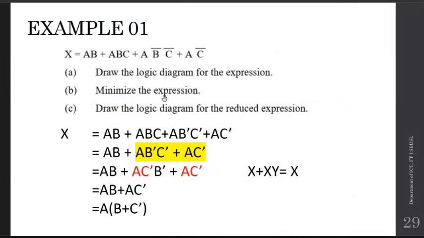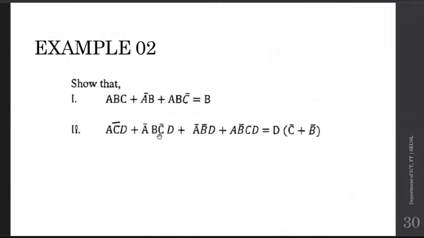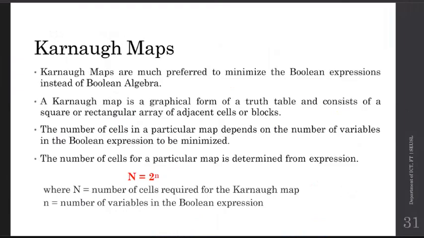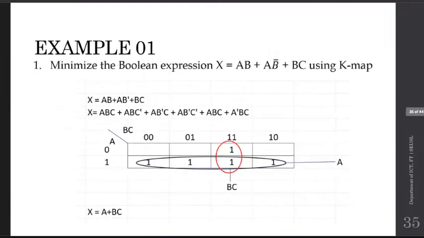That is why we try to minimize the expression and draw the circuit for it. I have some more questions here. When I upload the slide, you can try. We will move on to this one first.